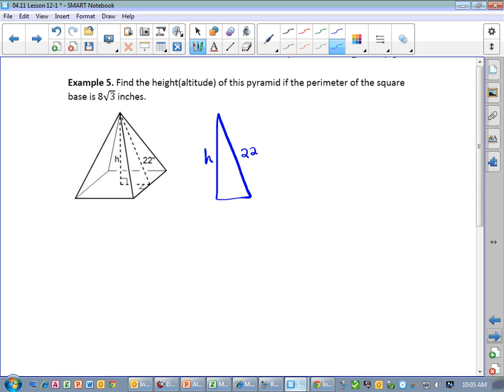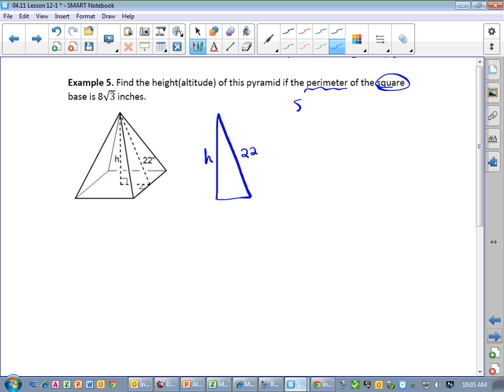And so again, we don't know any angles, and we also don't know the other sides. So that means we either need to figure out an angle or we need to figure out a side. We might be able to figure out a side. So do we have any other information? What do we know about the base?